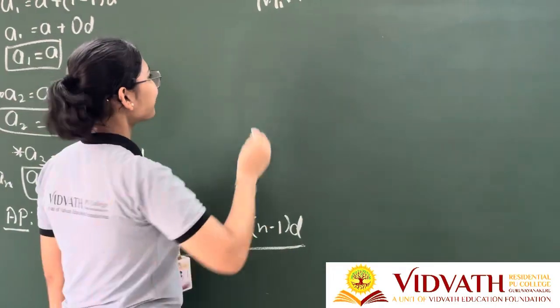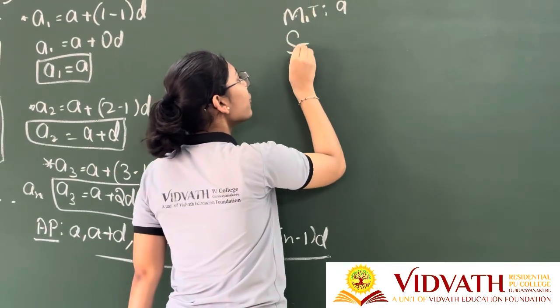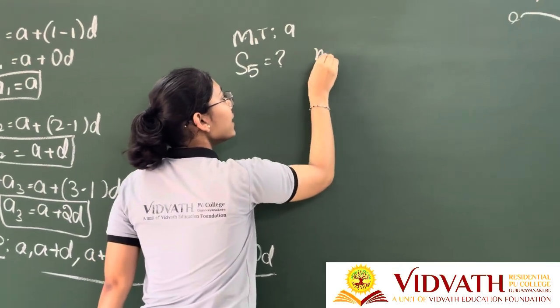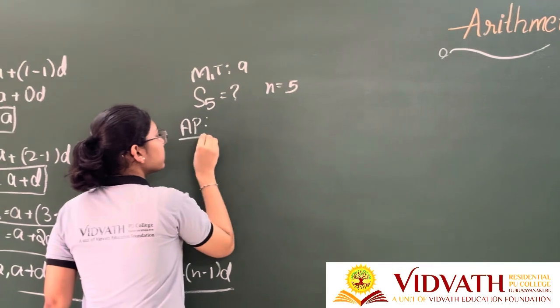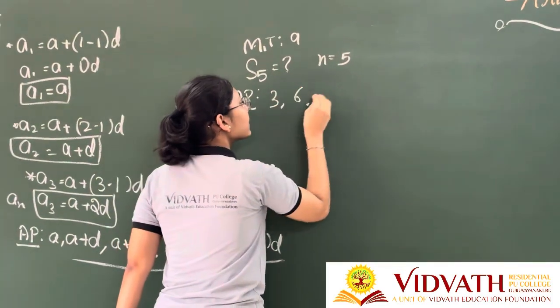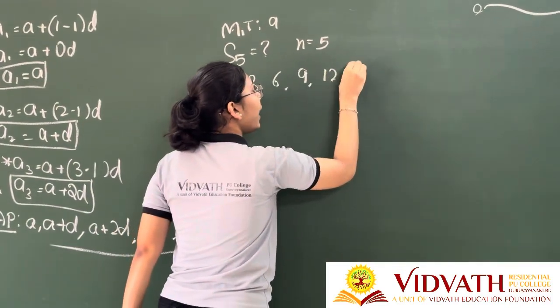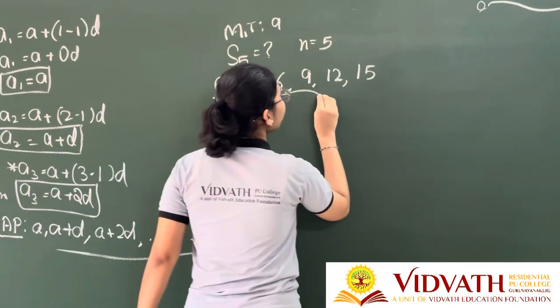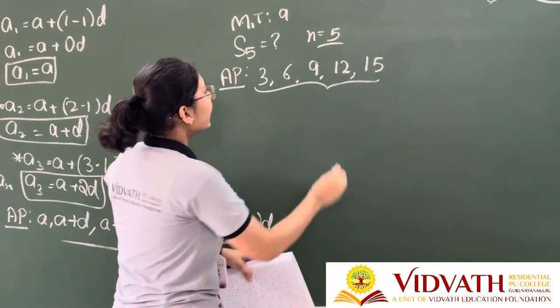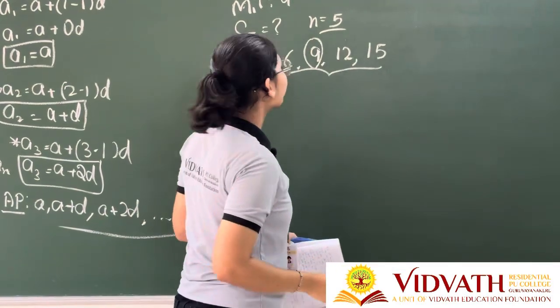Let me tell. We should find the sum of the first 5 terms. So n is equal to 5. Let's try and write the AP. 3, 6, 9, 12, 15. Here the number of terms is 5 as I told and the middle term is 9.